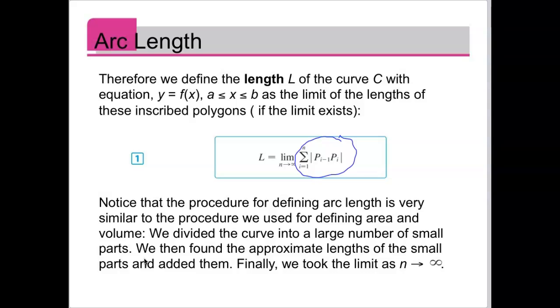So this definition, based on what we just came up with, is now going to become the limit as n approaches infinity of the sum from i equals 1 to n of the square root of f prime of xi star squared plus 1 delta x.